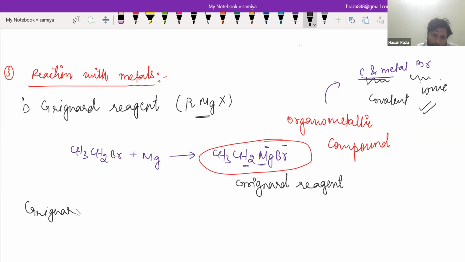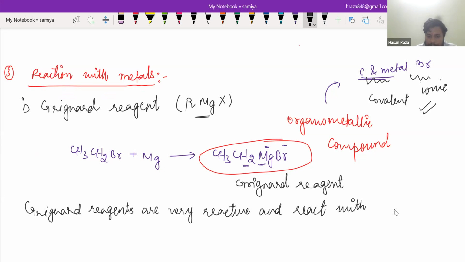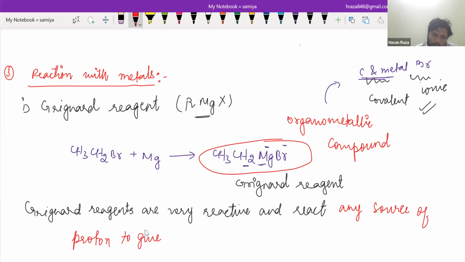Grignard reagents are very reactive and react with moisture from surroundings, or we can write, they can react with any source of proton to give hydrocarbon.